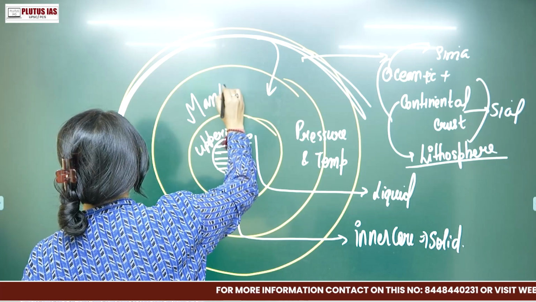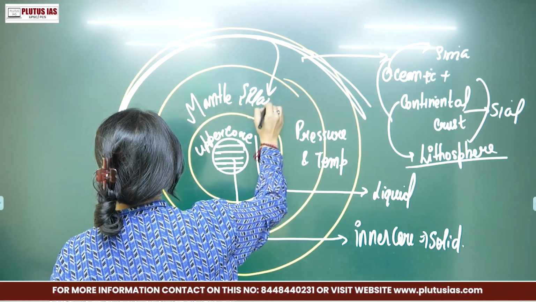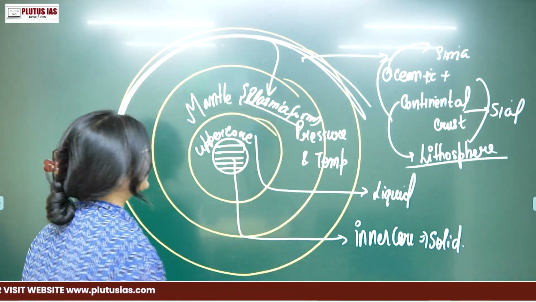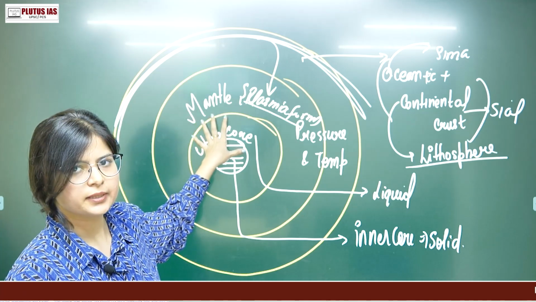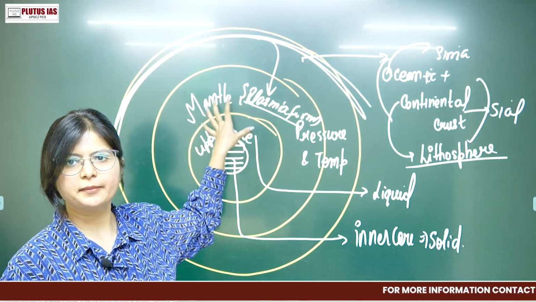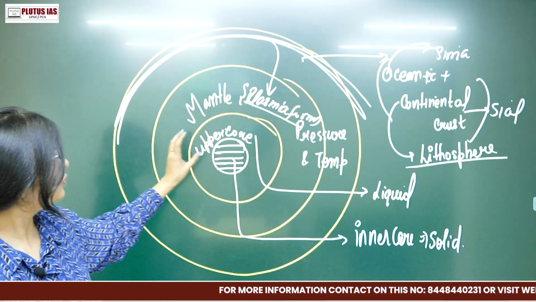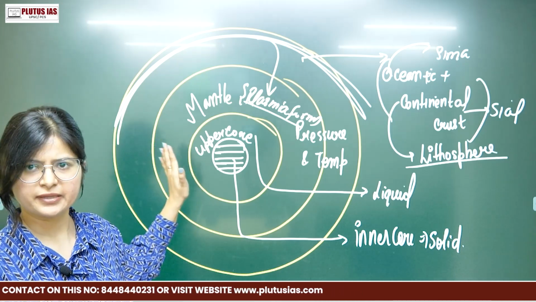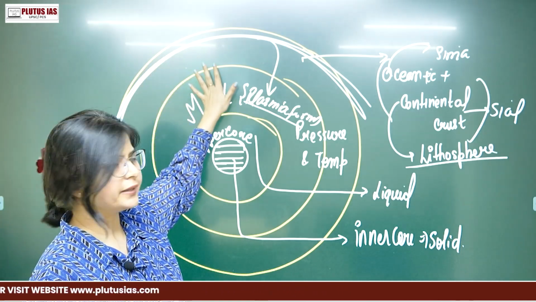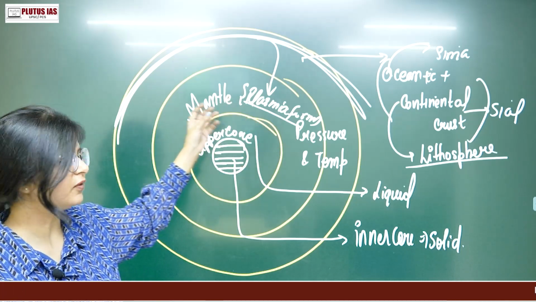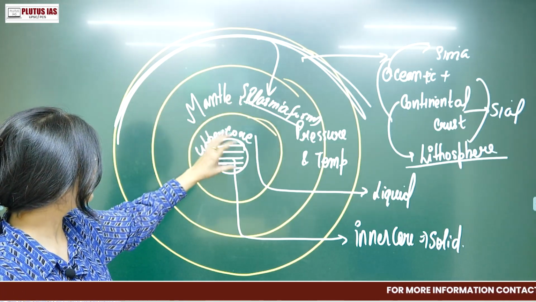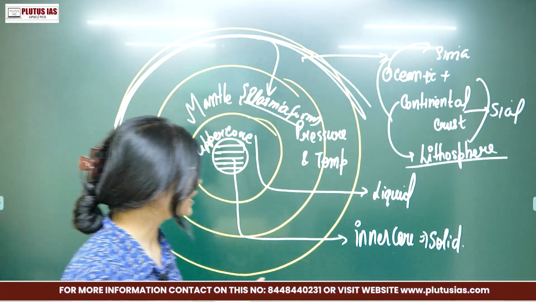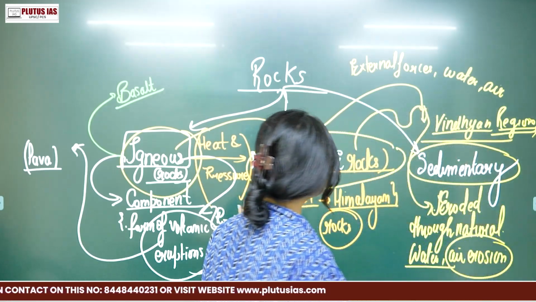Your mantle is also in a plasma form. So why is it there? Because as we go down, pressure is increasing, no doubt, but temperature is also increasing. Therefore, we have the composition as I have explained to you. So the uppermost solid, your mantle having a plasmic form, then your upper core, and then your innermost core, which is solid. Okay.